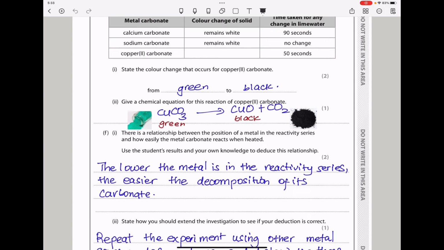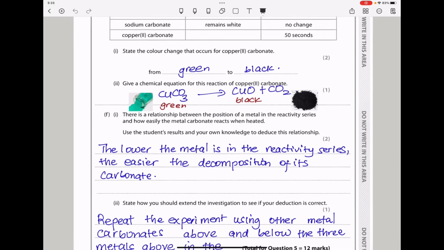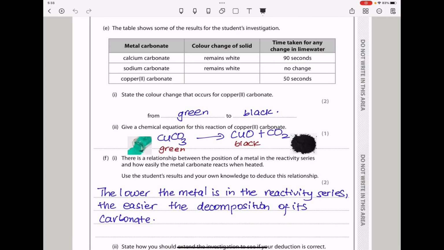The next part says there is a relationship between the position of a metal in the reactivity series and how easily the metal carbonate reacts when heated. Use the student's results and your own knowledge to deduce this relationship. If you look back in the table and from your memory of the reactivity series, we know copper is below in the reactivity series, and we know sodium is at the top and calcium is somewhere in between.